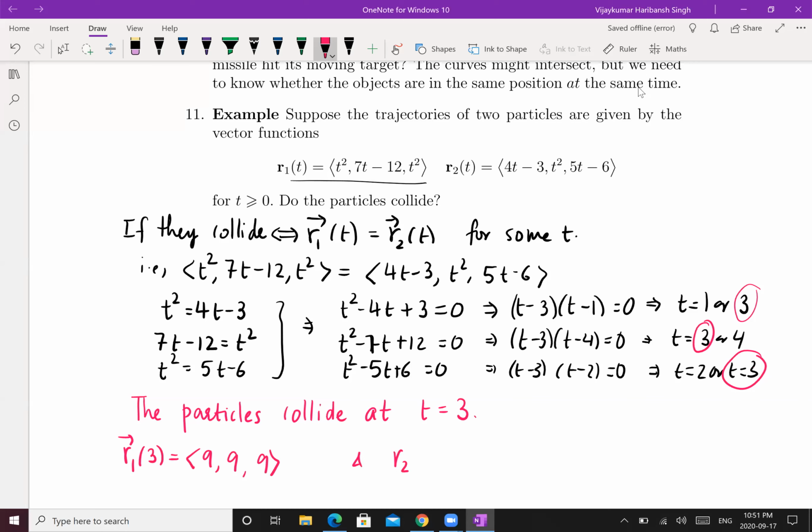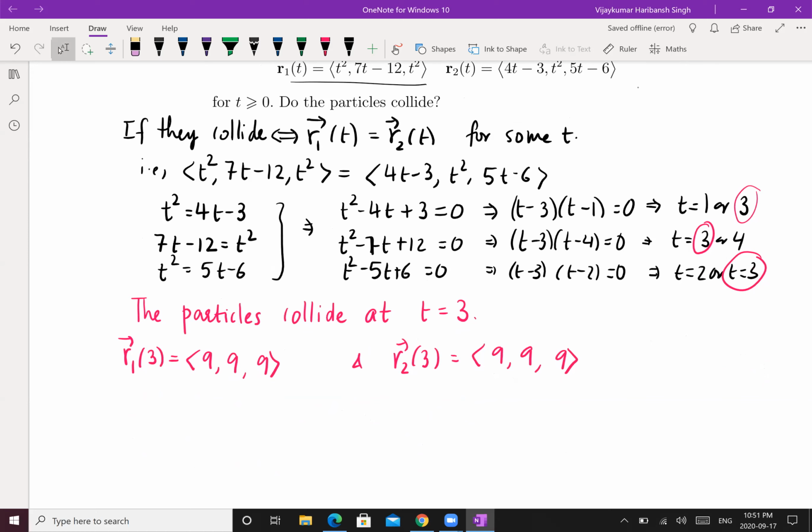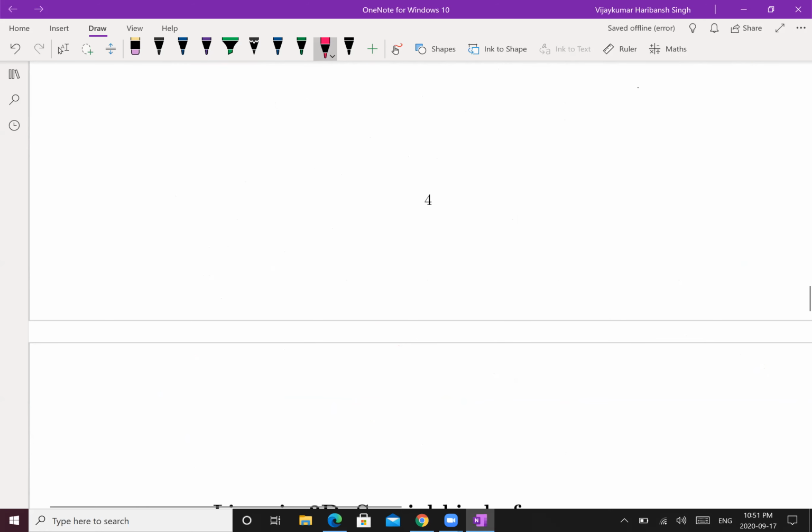And r2(3) is 12 minus 3, so 9, 9, 5 times 3 is 15 minus 6, 9. So at this point they will be at the same point. So these particles do collide at t equals 3.